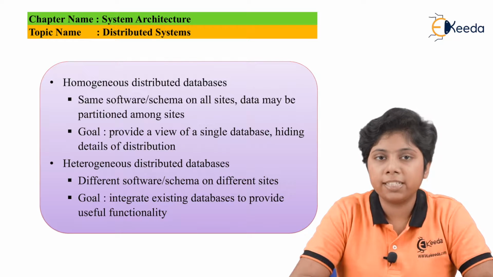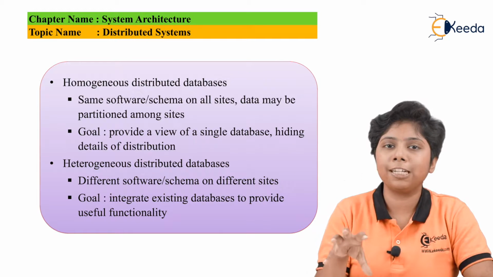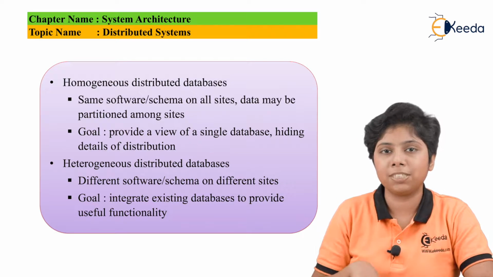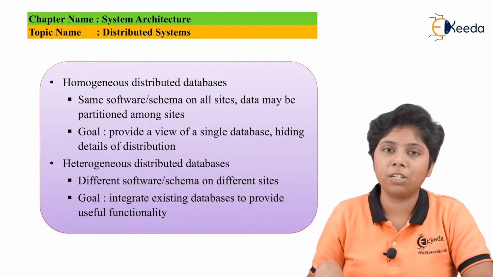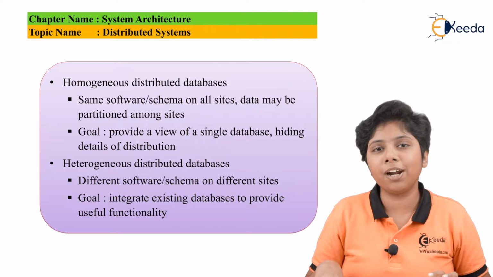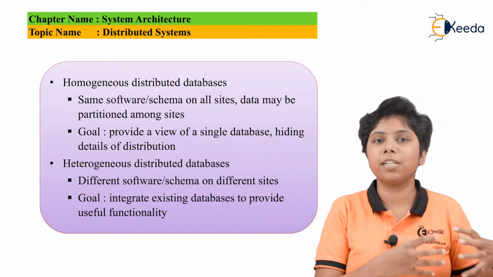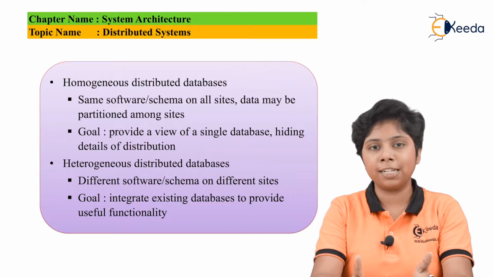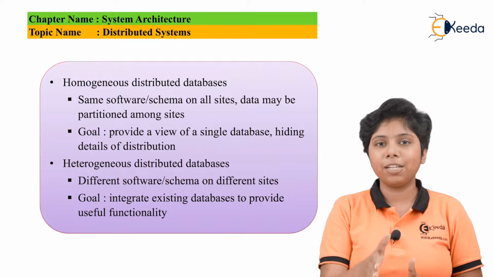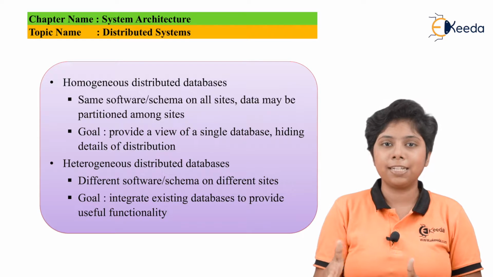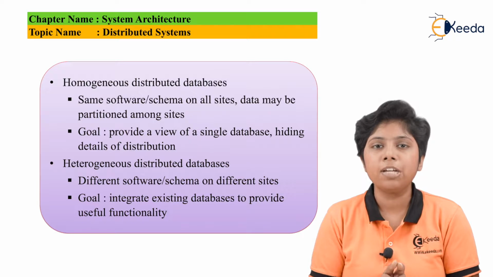For instance, suppose a state university belongs to many cities, and in each city there are campuses of that university. We may have two nodes at one site, three nodes at another site, and one node at another site, and these three sites, site A, site B and site C, are connected to the network.